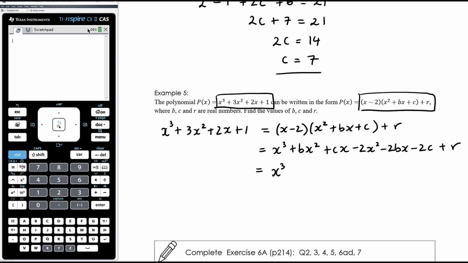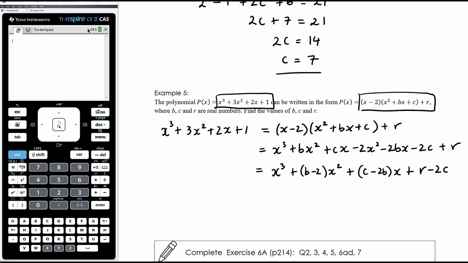Now the x squared terms are bx squared minus 2x squared. So if we factor out the x squared, we've got b minus 2 times x squared. The x terms, we've got cx minus 2bx. So if we factor out the x, it's c minus 2b times x. And then the constant terms, we've got plus r minus 2c. So we've just got those two values there at the end.